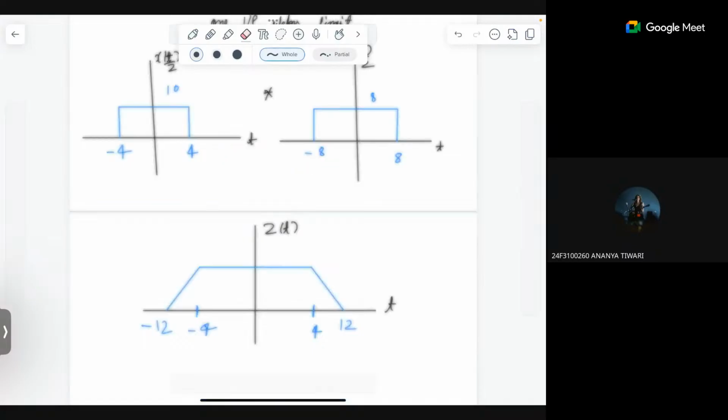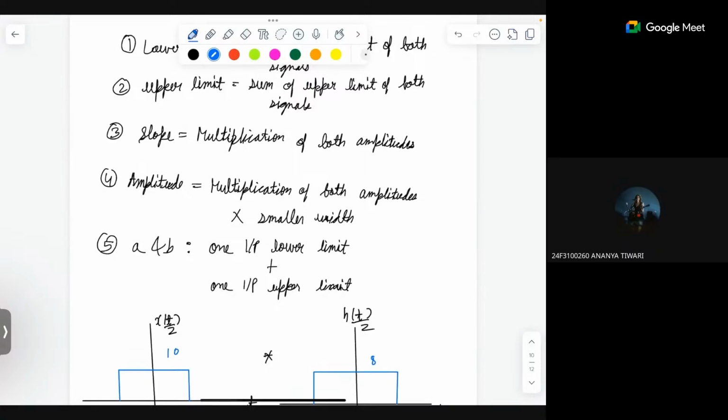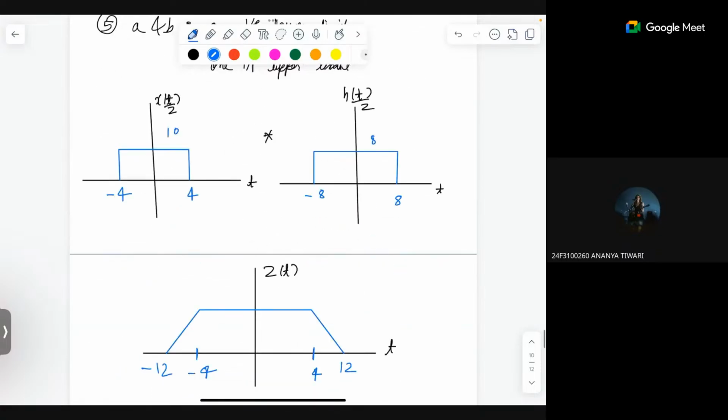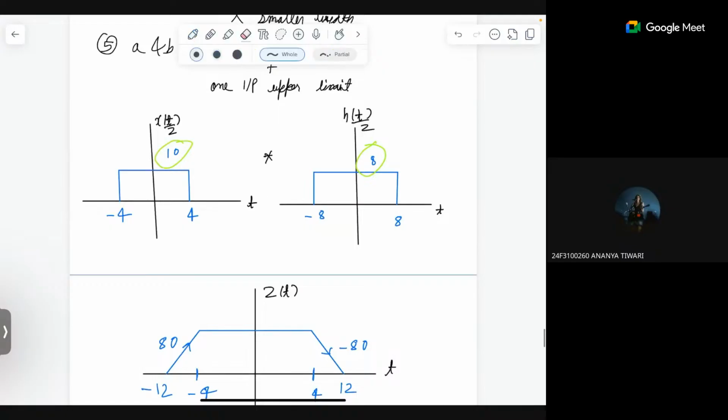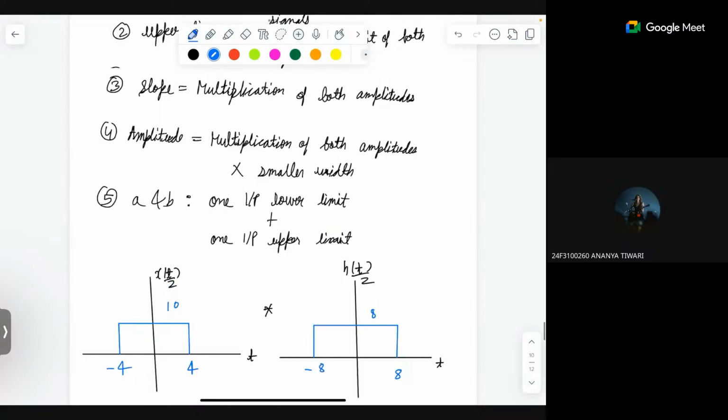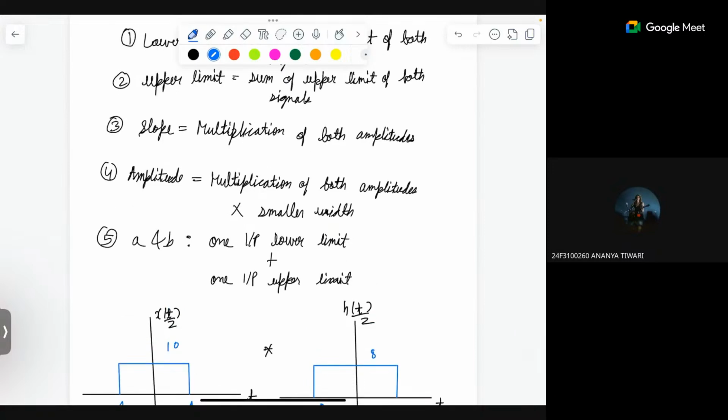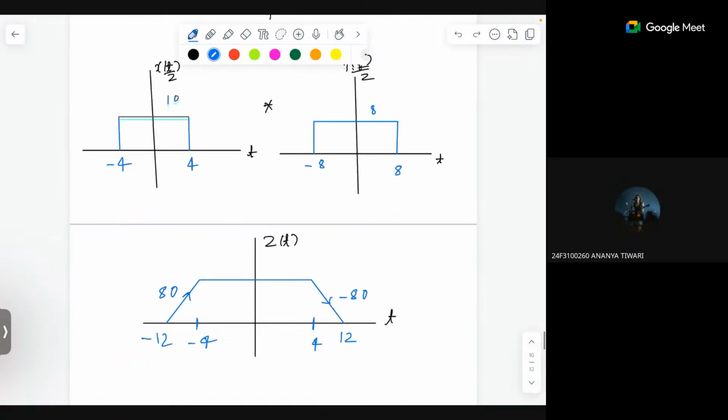Now let us find the slope. So for slope, what is the trick? Multiplication of both amplitudes. So I will multiply 10 and 8. What will I get? 80. 80 is the positive slope, and this will be the negative slope, so minus 80. Now for this constant amplitude, you have to take the multiplication of both amplitudes into the smaller width.